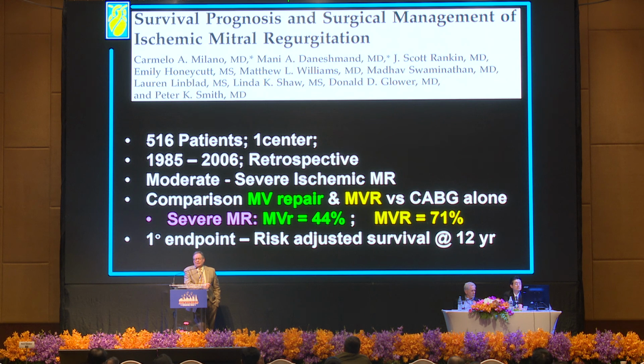It's a retrospective study, and they compared mitral valve repair and replacement for ischemic MR. Note that there are different percentages of severe MR in their two groups. The replacement group had much more severe MR than the repair group.